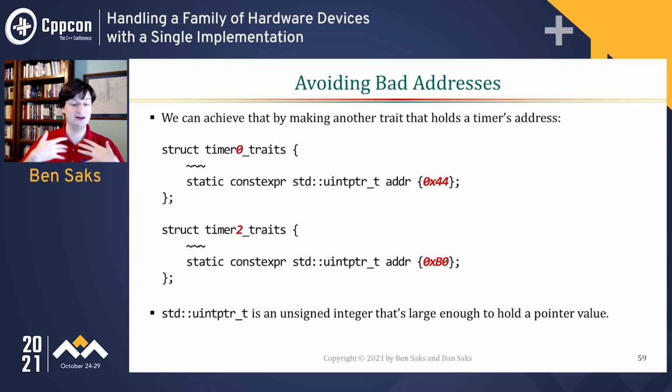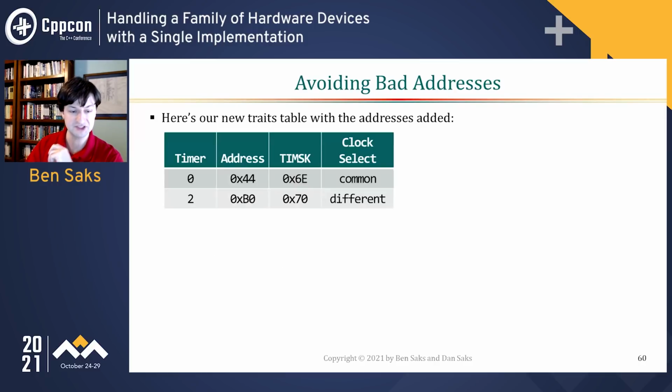It's meant to help you write portable code. So when you need an integer that is at least the size of a pointer, there you go. It's std::uintptr_t. So here is our latest version of the traits table, now with the addresses added in.